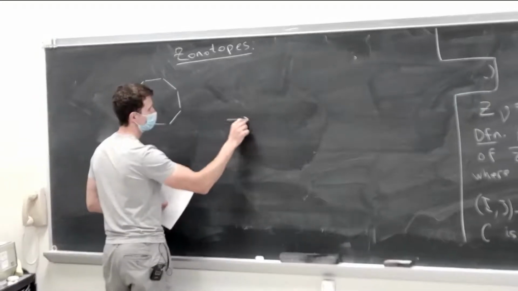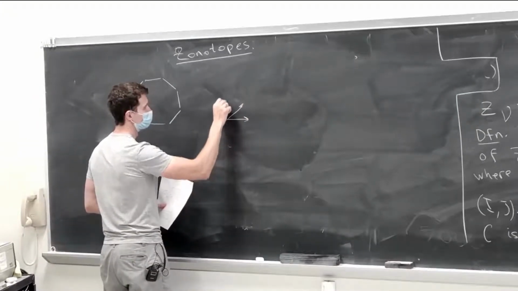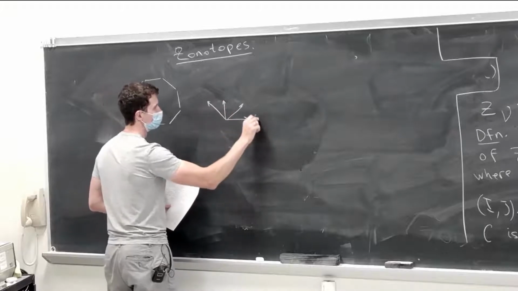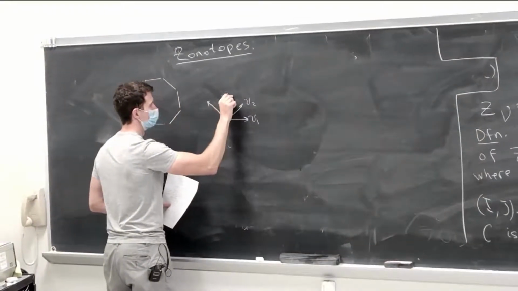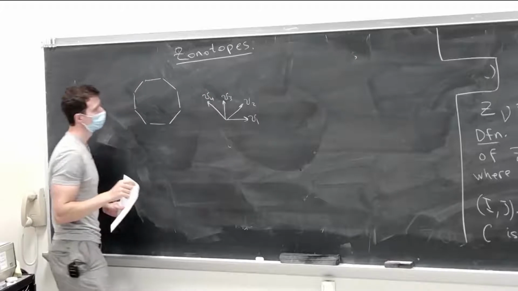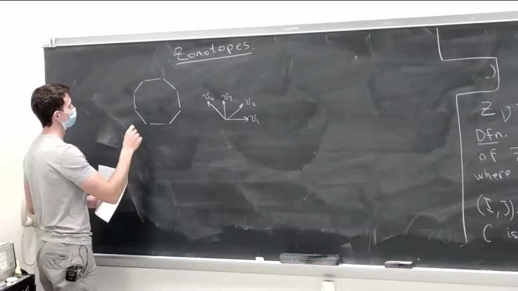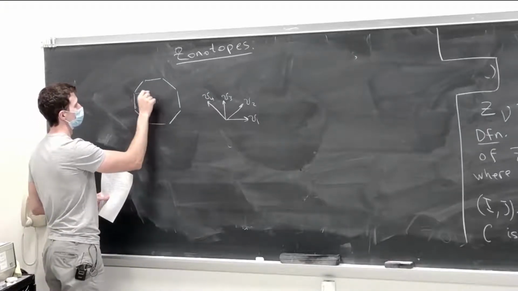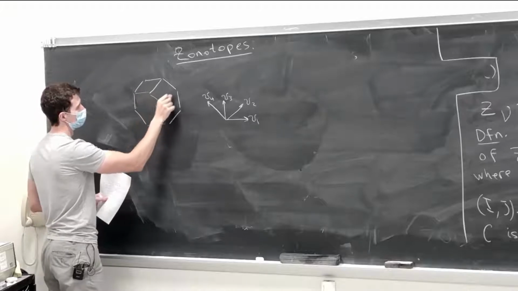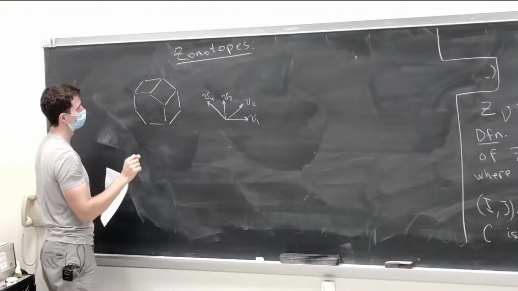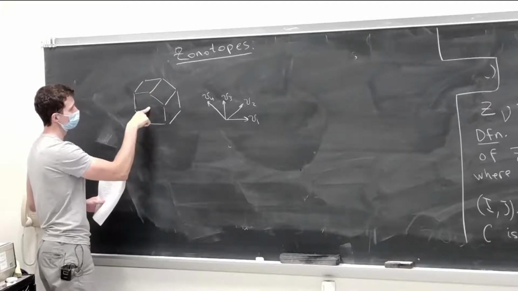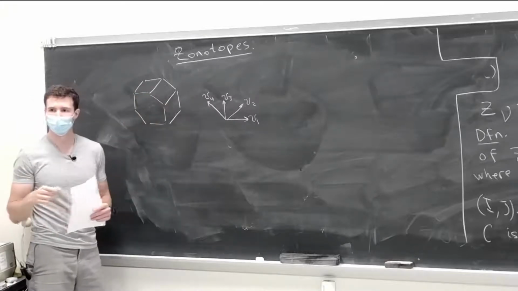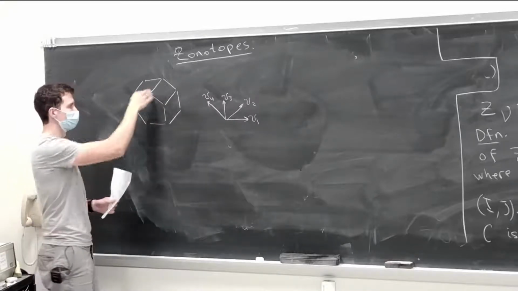My vector configuration looks like this: V1, V2, V3, and V4. Then I can try to draw some zonotopal tiling. Maybe I draw something like this, with a hexagonal tile and 3 rhombi or parallelograms.